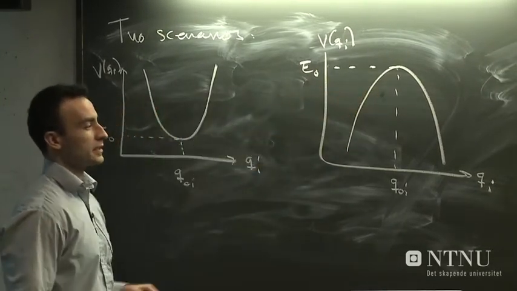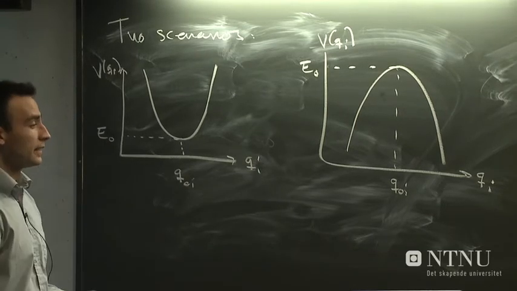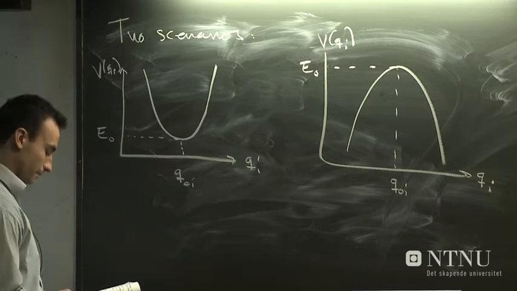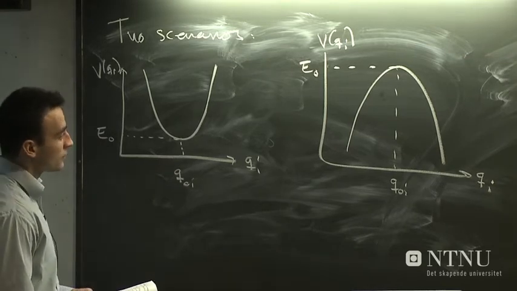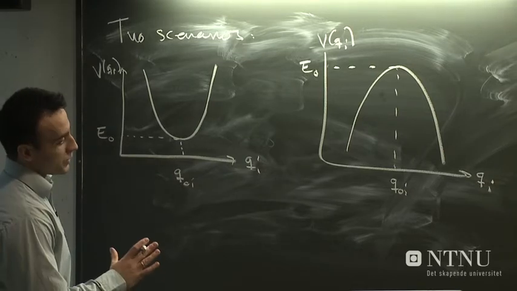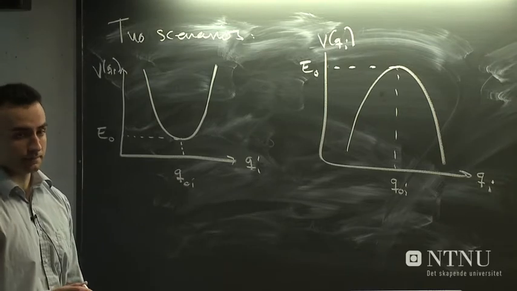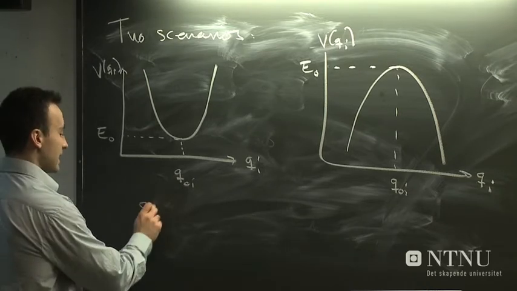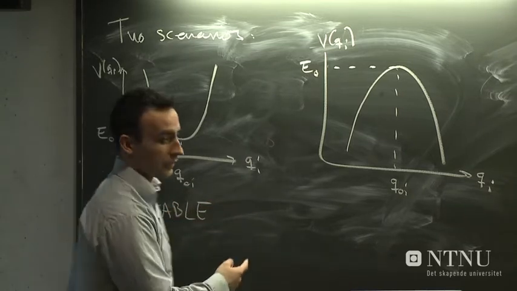And the value of the potential at this configuration we can denote E0. So these two types of equilibrium are qualitatively different. This is a stable equilibrium, and this is an unstable.